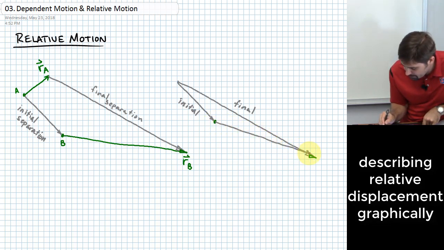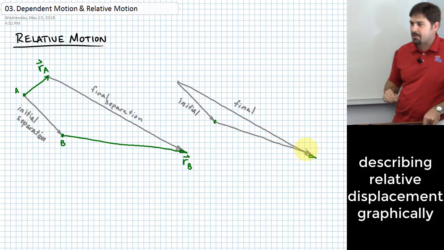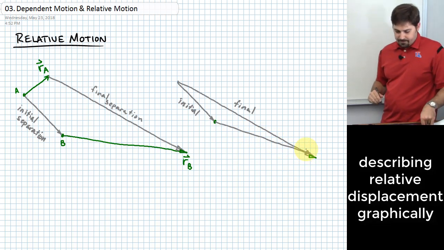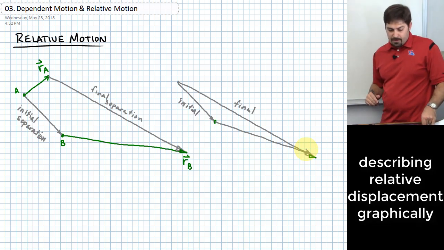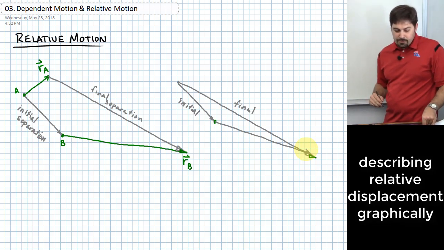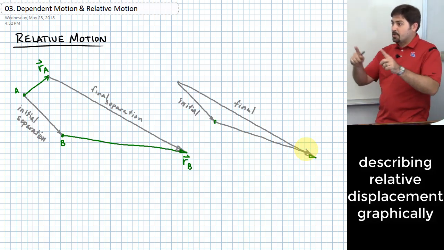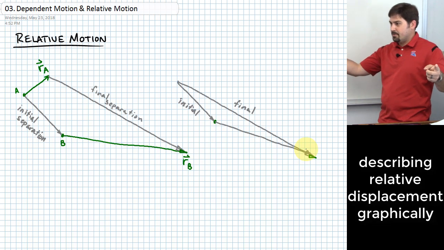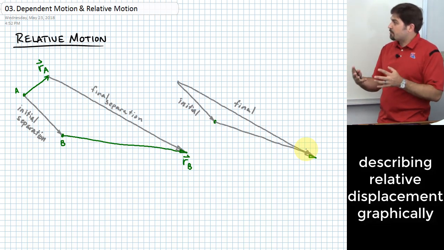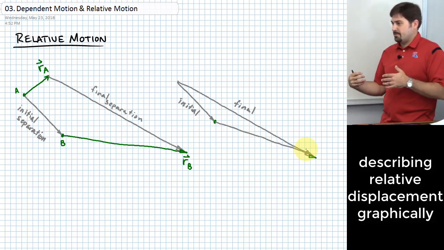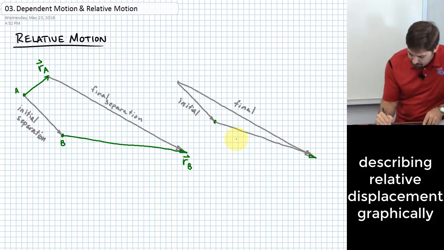What would that thing be physically if you were to interpret that physically? Okay, it's how much more would you have to move beyond how far they were separated initially? It's how much further are they separated now, right? That is the difference between the two separations. That's what I added right here. This is the difference.